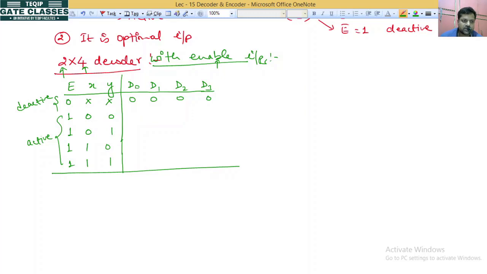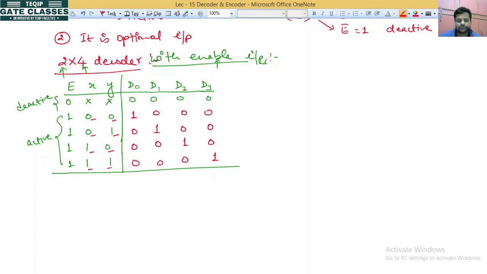When we have x equal to 0 and y equal to 0, D0 will be 1, others will be 0. Similarly, when we have 01 as input, 01 decimal value is 1, so D1 is high. And 10 means 2, so in this case D2 will be 1. Now 11 means 3, so D3 will be 1.